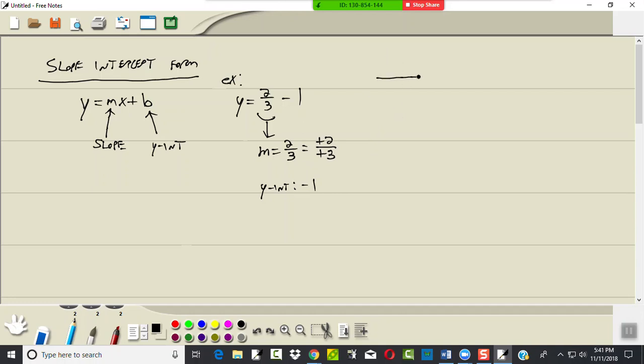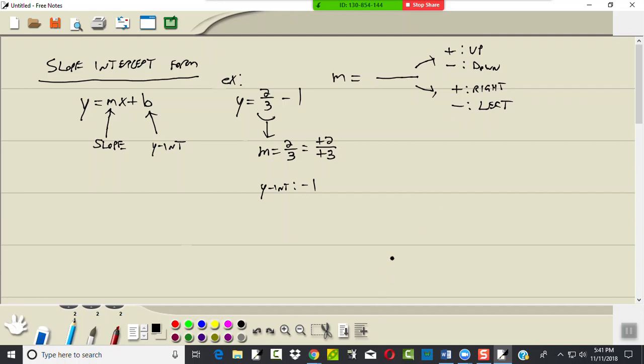When you're talking about the slope, you'll have a number on top and a number on the bottom. If the number on top, the change in y, is positive, that means I'm going to go up. If the number is negative, that means I'm going to go down. The denominator down here, change in x, is left and right. If it's positive, that means we're going to go right. If it's negative, that means we're going to go left.